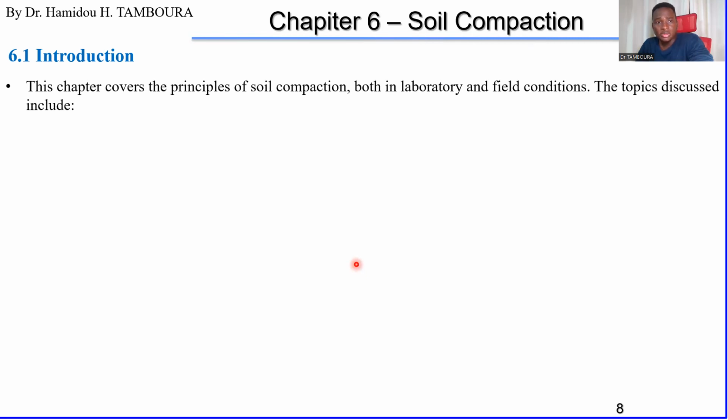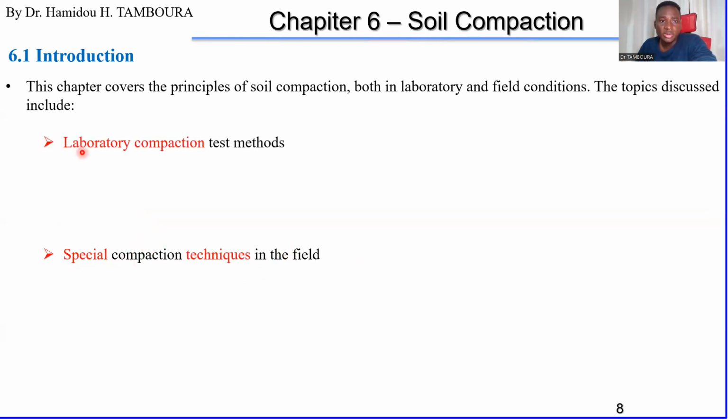So in this chapter, we will cover the principle of soil compaction, as I said, both in lab and field conditions. To do that, we will cover several topics, which are as follows: laboratory compaction method.